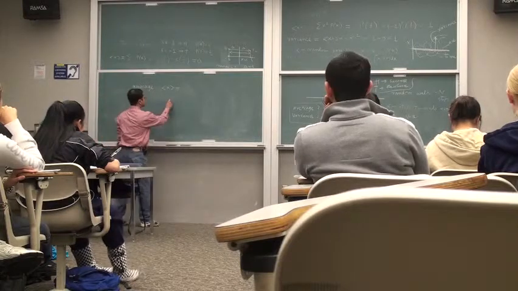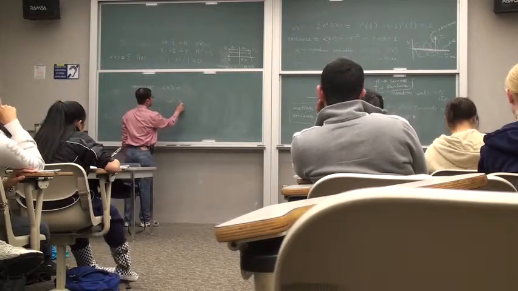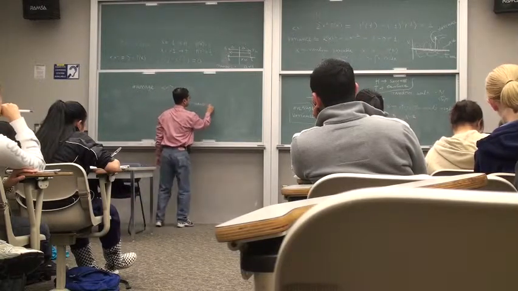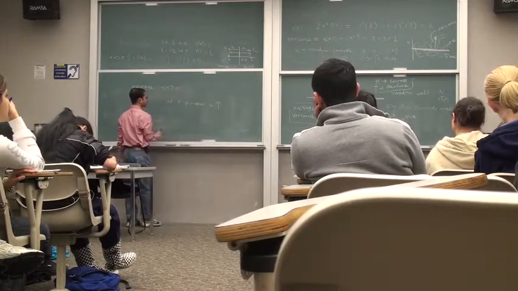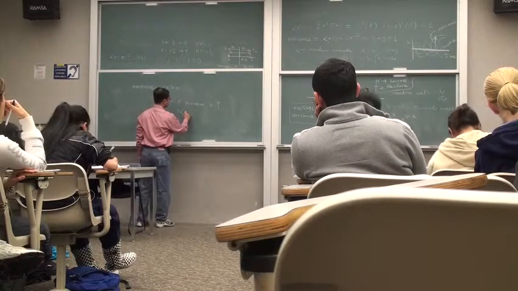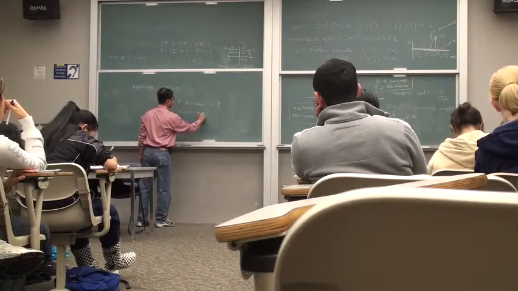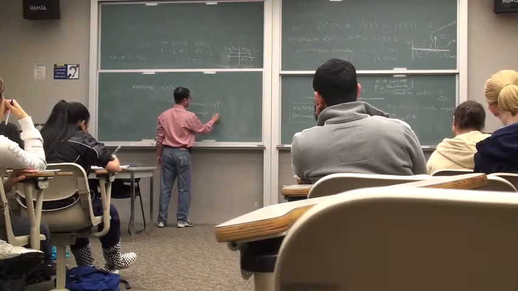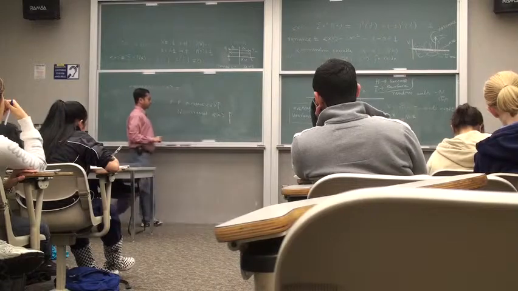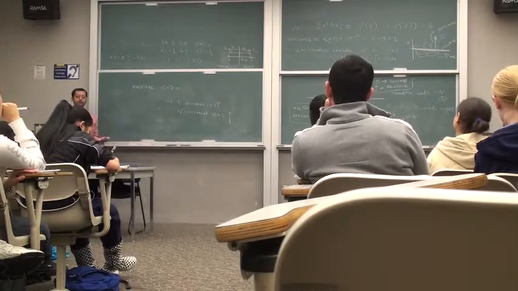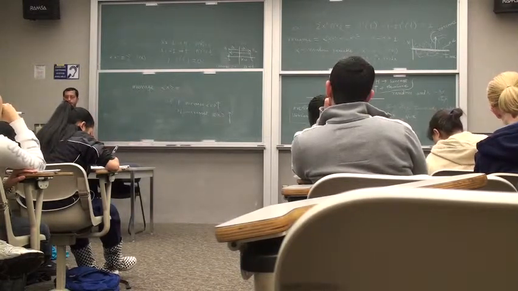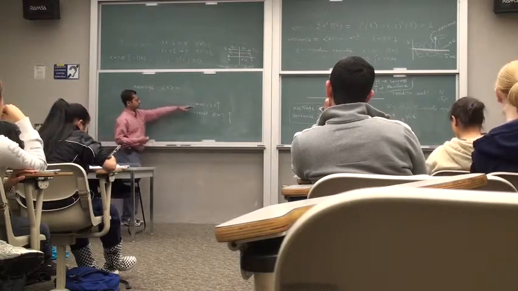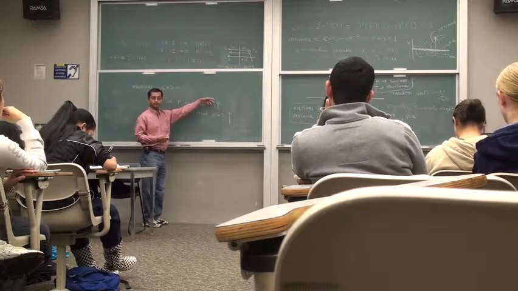So if p goes up, the average x also goes up. And if n increases, the average x should also go up, because if you have a large number of trials, your chances of success will also increase. And if you have a higher probability of success, your chances of success increase too, right?